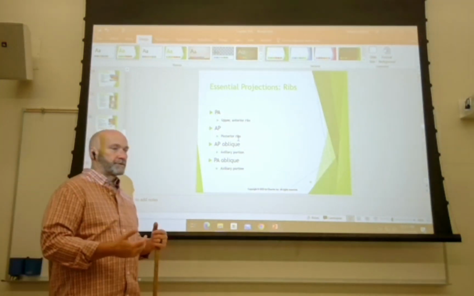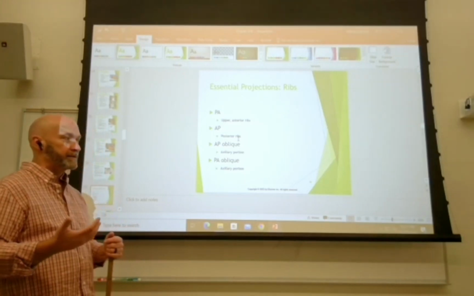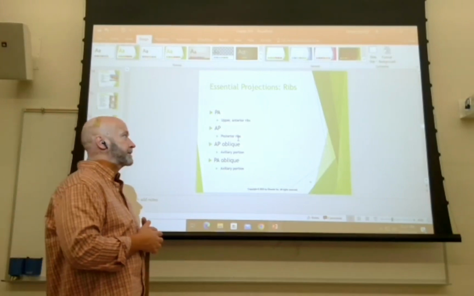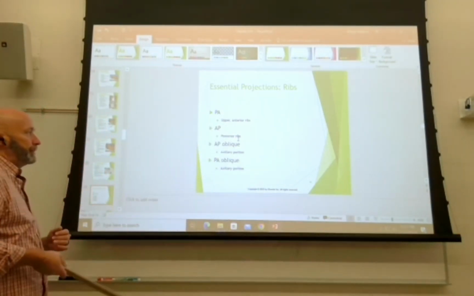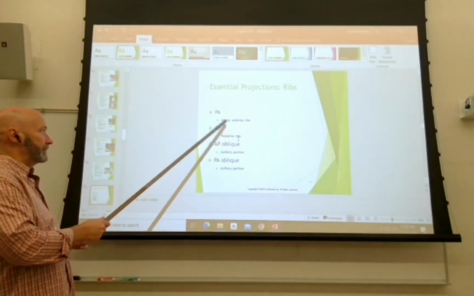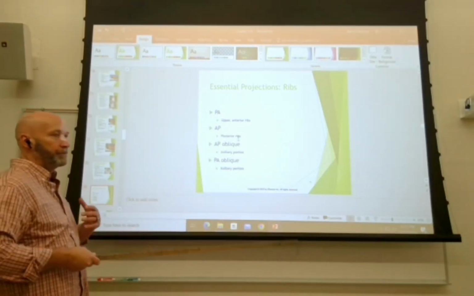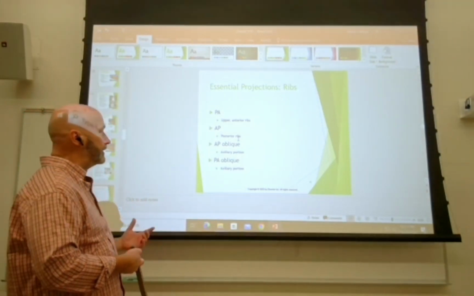So the chest x-ray is very important to visualize, and it's very common to have rib fractures go along with a trauma situation. So what we're going to do with ribs is PA or AP. You don't have to do both, but you're going to have to select, depending on where the patient's pain is, or where the trauma, the bruising, the contusion appears to be.